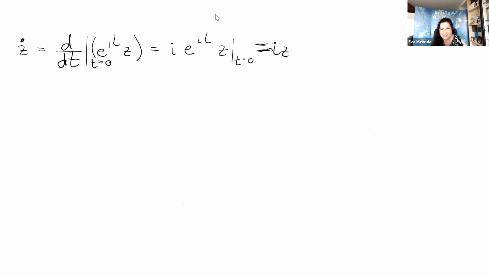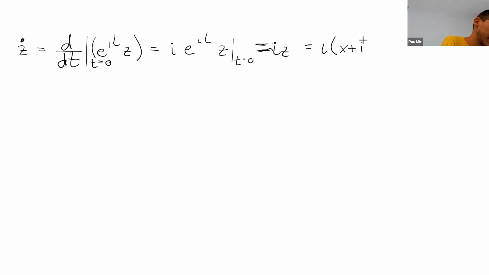So what we have here, if we apply complex coordinates directly, writing z in the form x plus iy, is ix minus y.